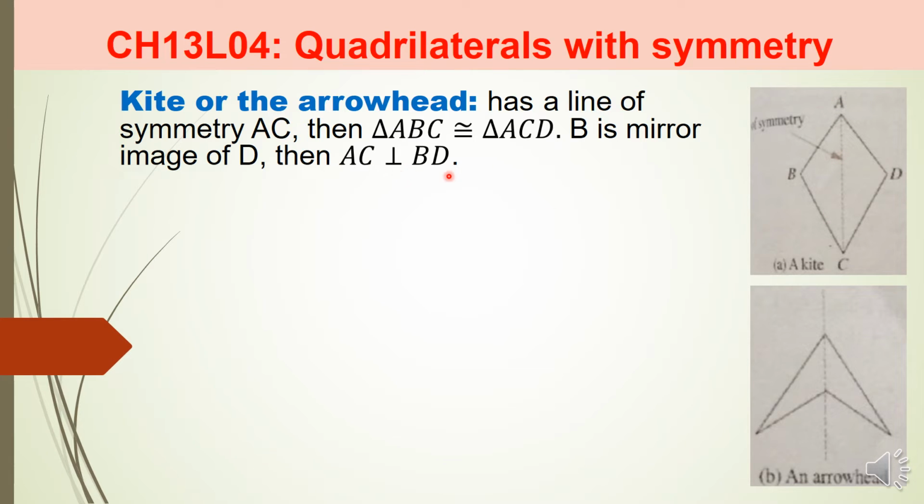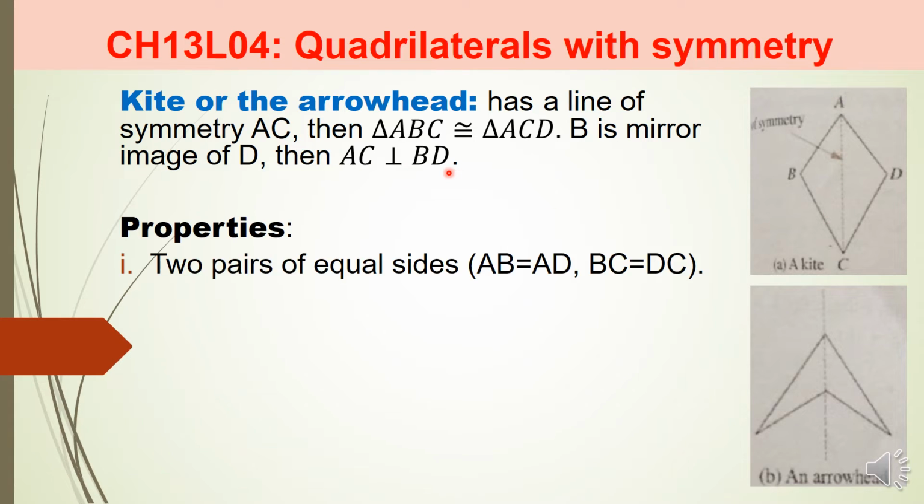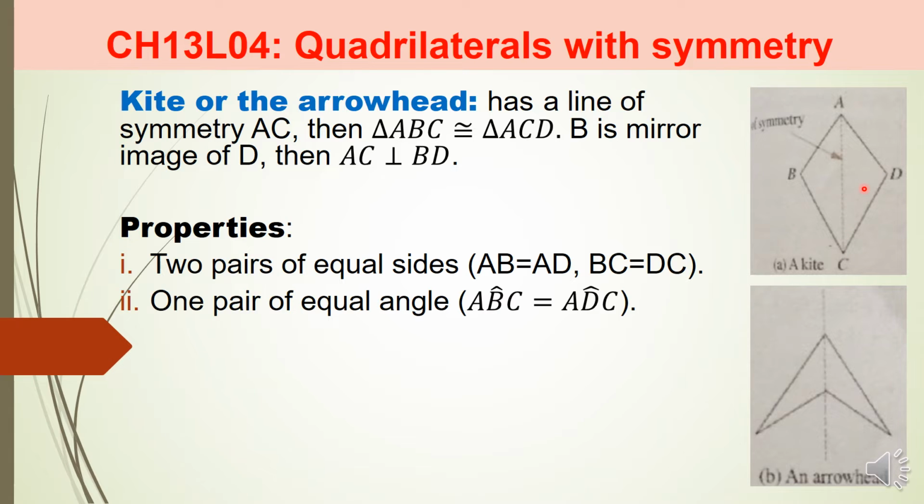So the properties of the kite: since the two triangles are congruent, we obtain AB equal AD, and side BC equal side CD, because of the congruent triangles.